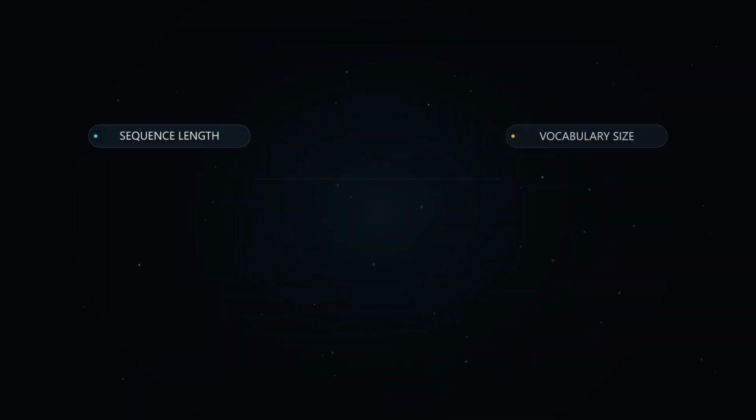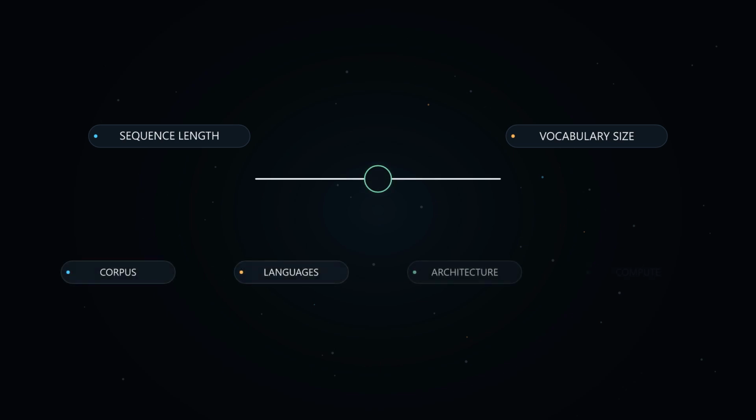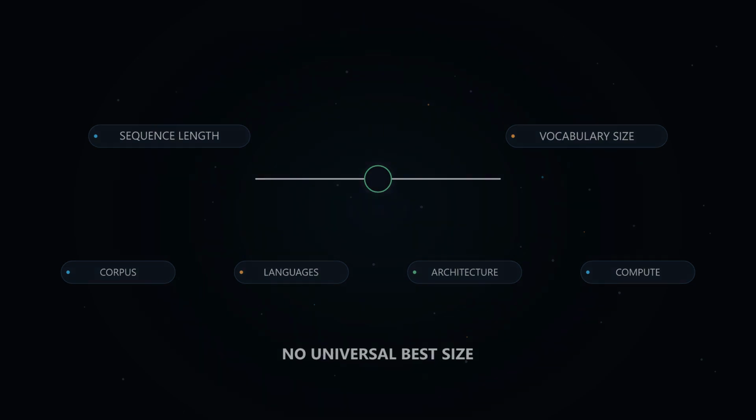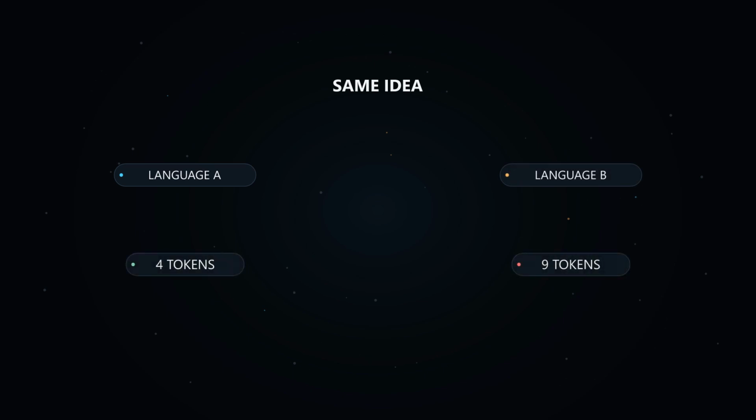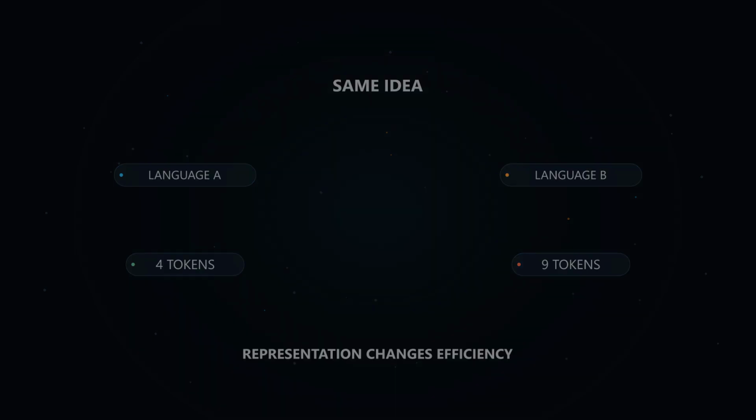The right balance depends on the training corpus, supported languages, model architecture, available compute, and the kinds of text the system must handle. This choice also has distributional consequences. Two languages can express the same idea, yet one may require many more tokens because its patterns were less efficiently represented in the training corpus.